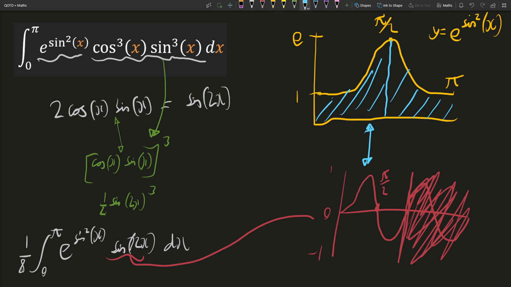And then, notice that the area on the left here is equal to minus the area on the right here. We can cancel out the positive and the negative areas to leave us with this integral is equal to 0. And this was mostly from just drawing graphs. We didn't need to do any fancy calculations or substitutions. We could just use the intuition behind how things worked in order to get the answer.